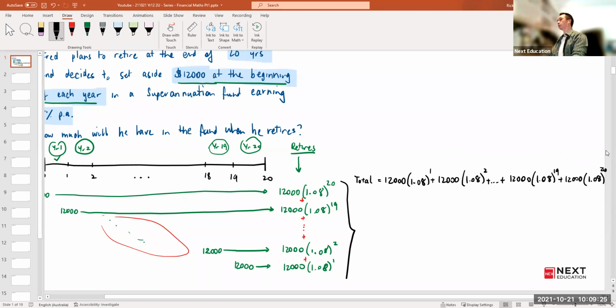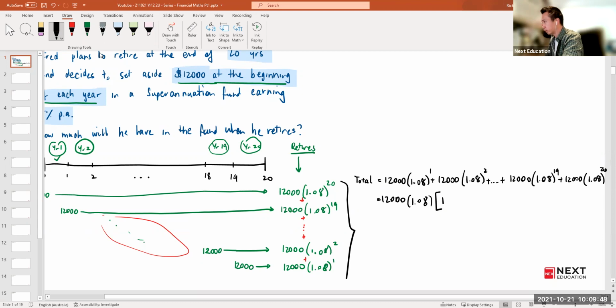Beautiful. Right, now, to clean it up and to really develop our GP, or our geometric progression, I'm going to factorize 12,000, and I can see there's 1.08 in all the brackets at least. Now, when I take out 12,000 and 1.08 from the first term, I'm left with 1.